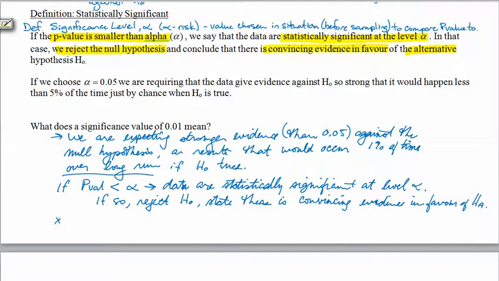Now, one thing I'd like you to note, significant in this case does not mean important. What it does mean is that it's not likely to happen only by chance.